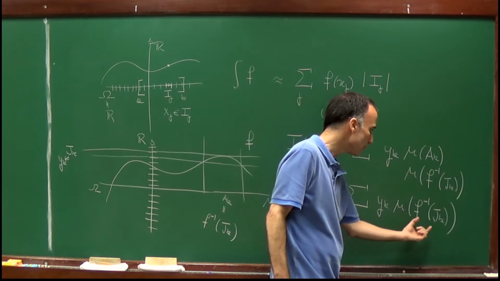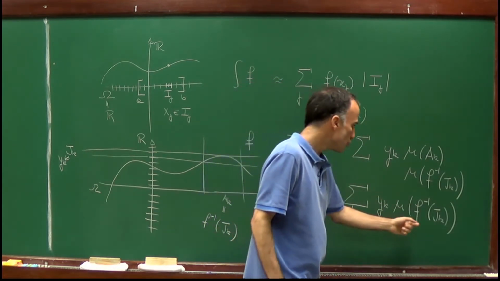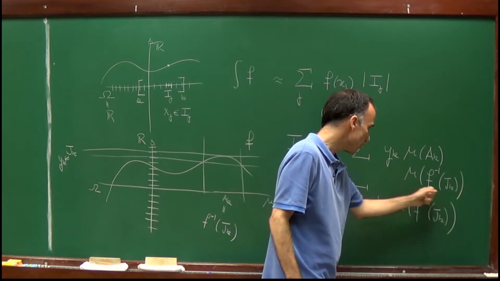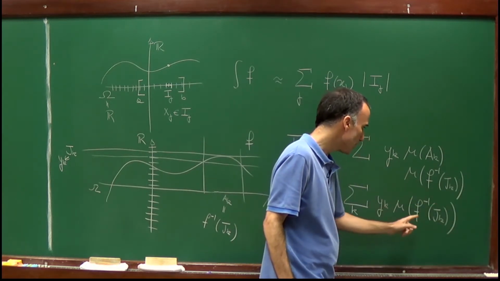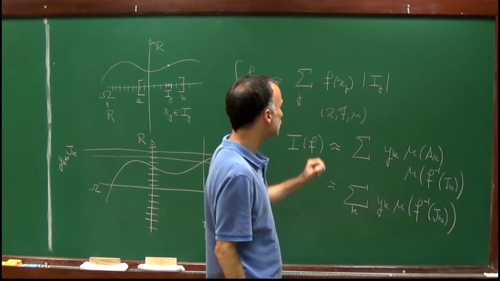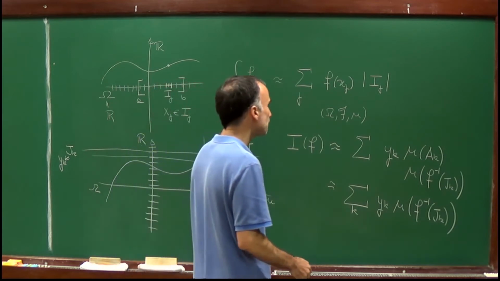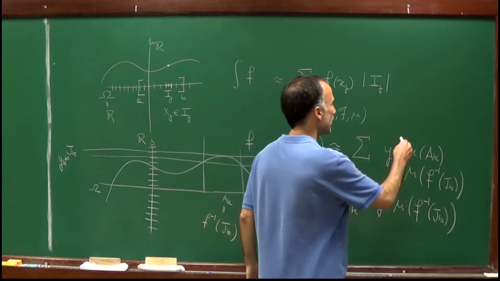Because mu is defined only on the sigma algebra F. So, in order to make sense of this quantity, we need the inverse image of an interval to belong to the sigma algebra F.